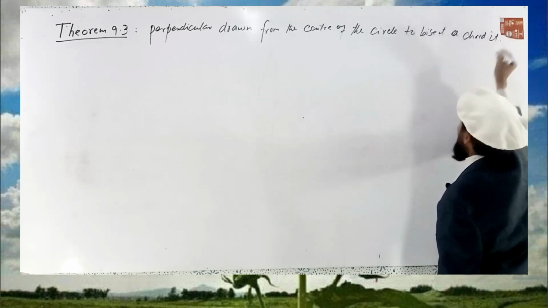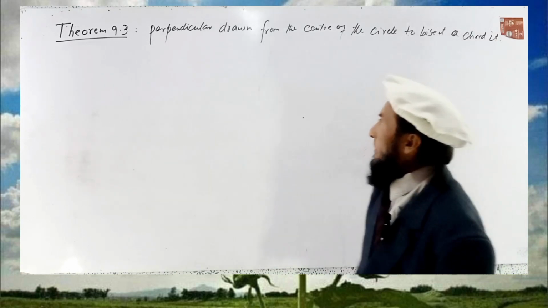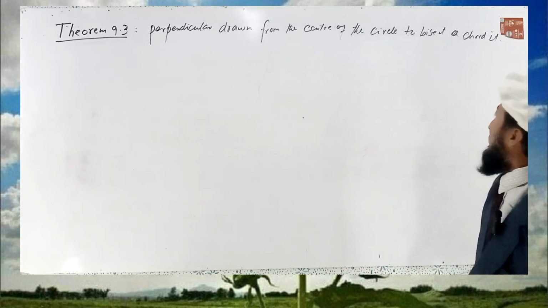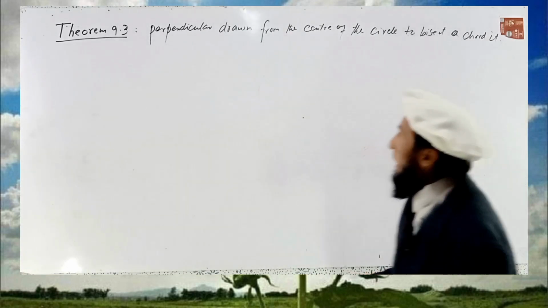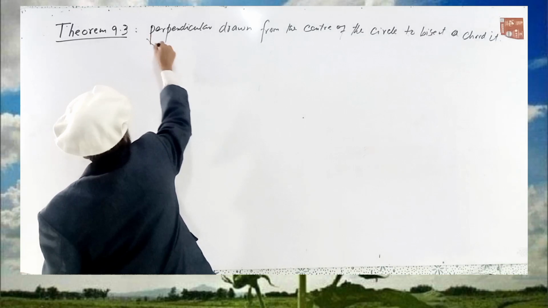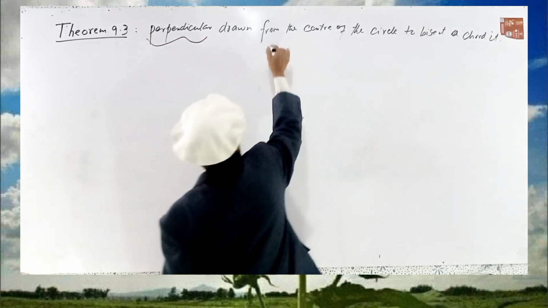This is the statement. One perpendicular is required, which is already given from the center of the circle.